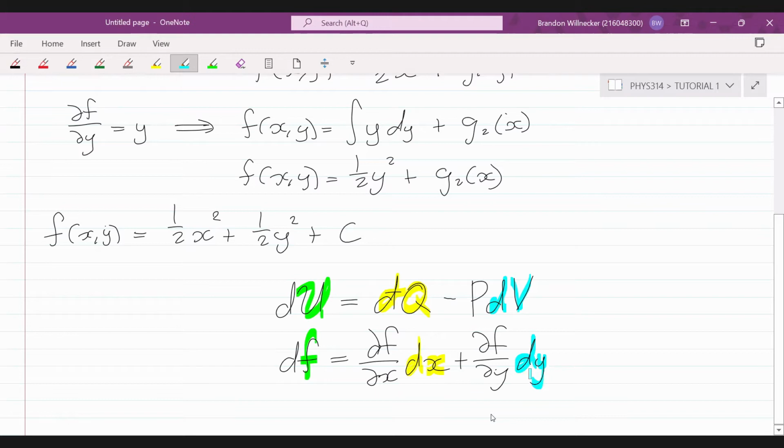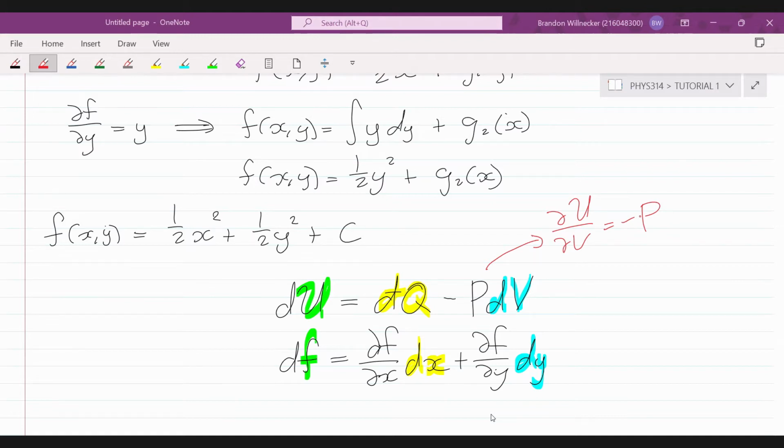So we see that the partial derivative of u with respect to v would then be minus p in this case, because we know that du is exact. So from here we can see du by dv is minus p, for example. Okay, so we're already using it now, but then we will be using it again later on when we look at thermodynamic potentials.